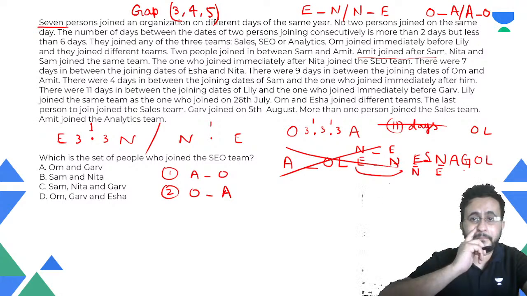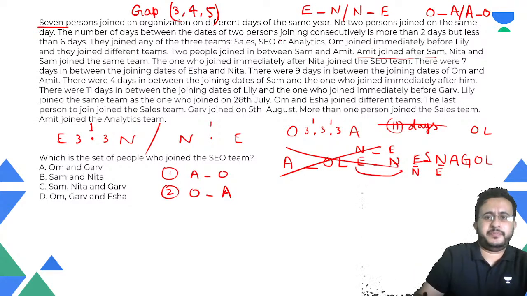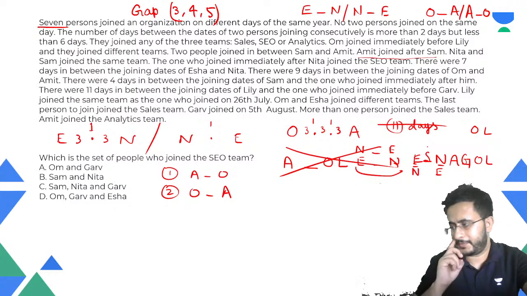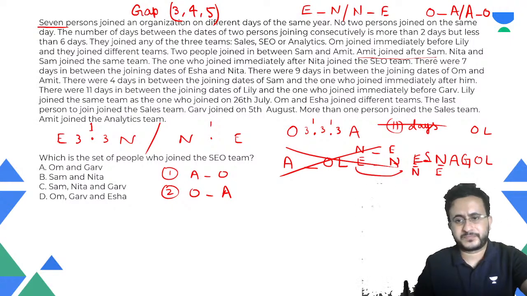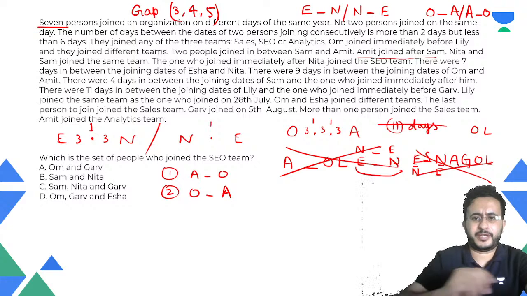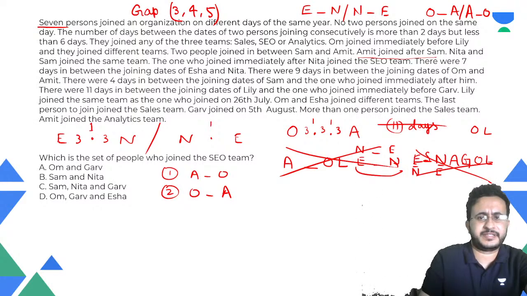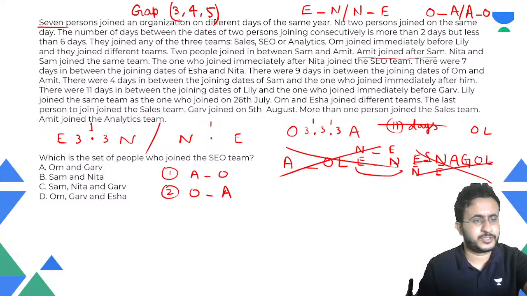Okay, 2 people join between S and A. So this is not possible. So this case is not possible, right? If you put S here, then this is not possible. It is given that 2 people join between Sam and Amit, so this is not possible.